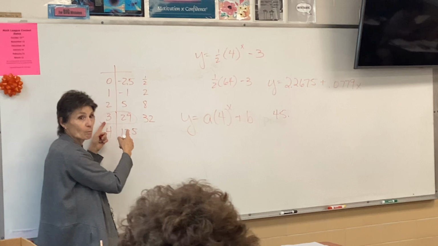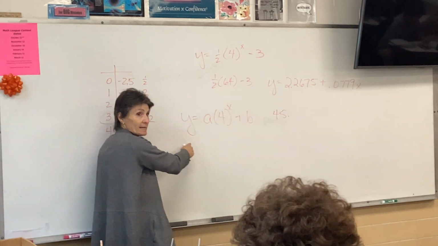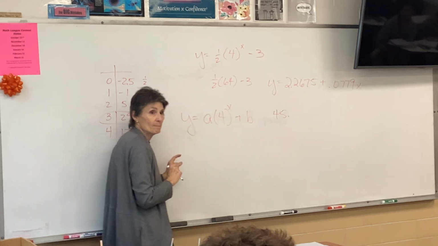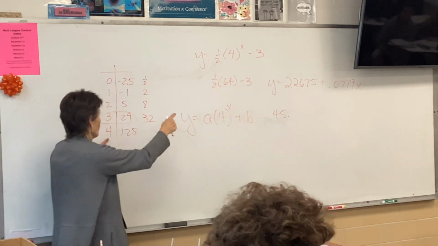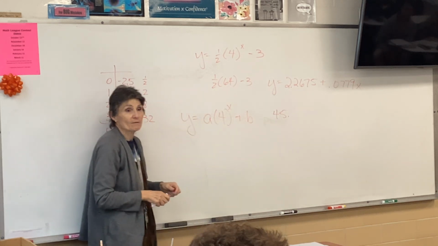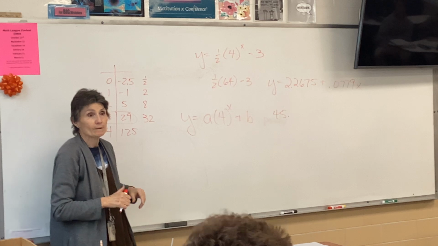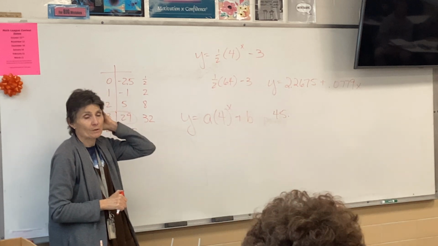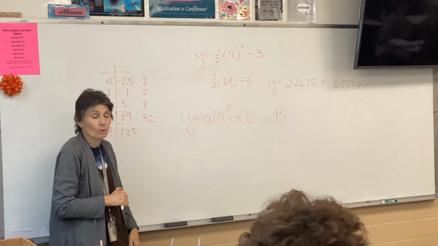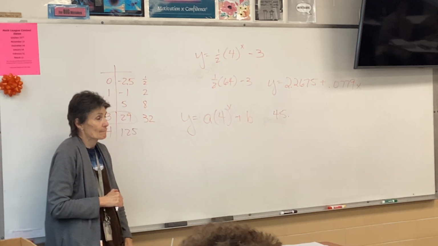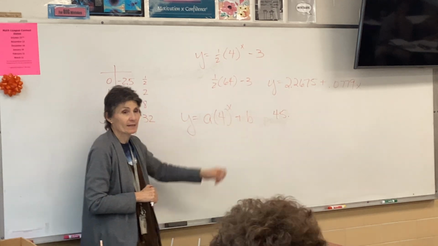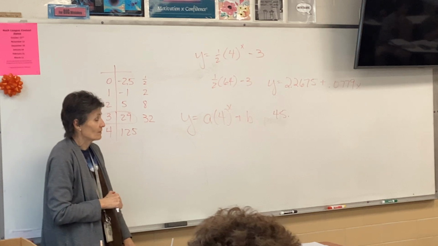For example, I use this point right here, I would put 29 here and 3 here. I don't know A and B. Then I could put 125 here and 4 here, and do a system of equations. That will always work. Whether that's easier or not is a matter of opinion, but that'll work. You have to figure this part out first, though. I'm not sure you can do that without figuring that out.